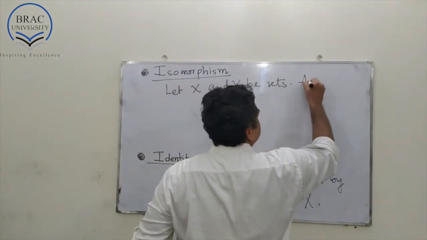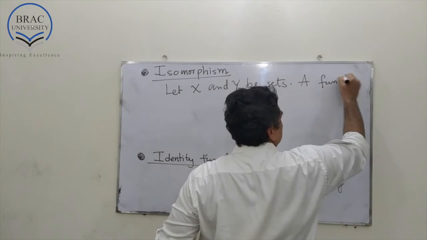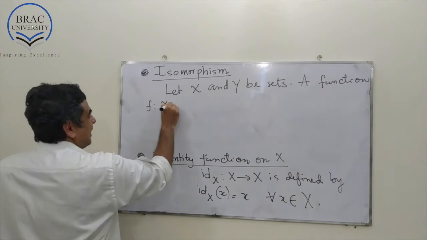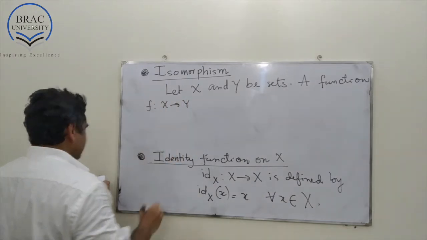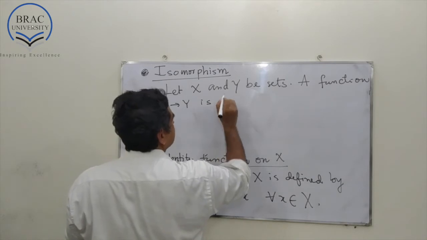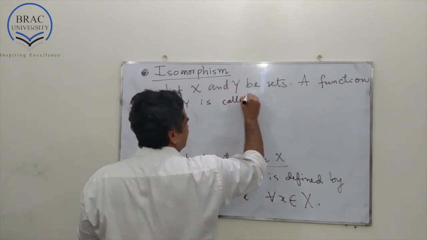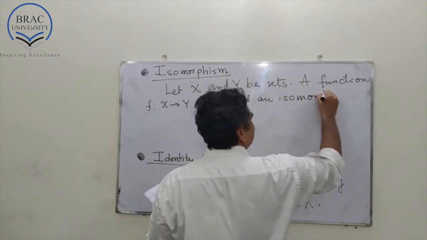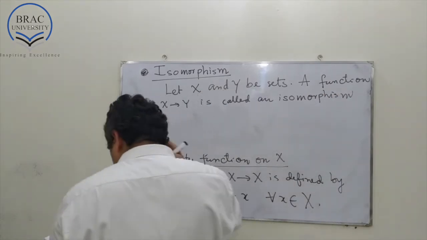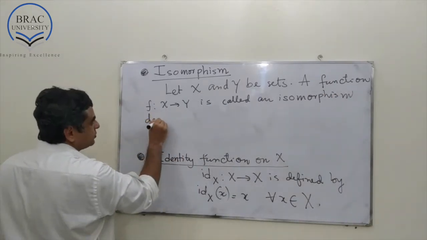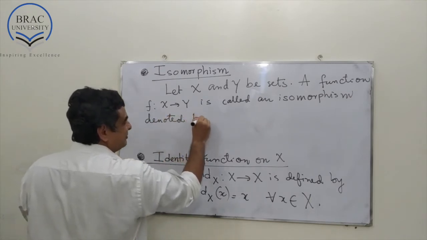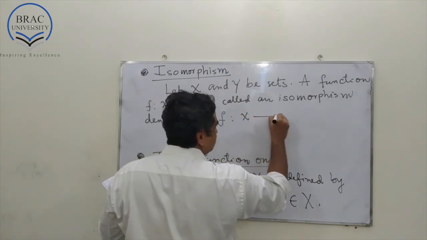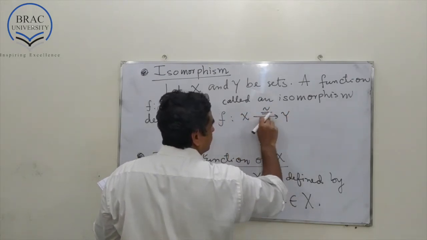A function f from X to Y is called an isomorphism, denoted by this notation. This is the isomorphism notation.